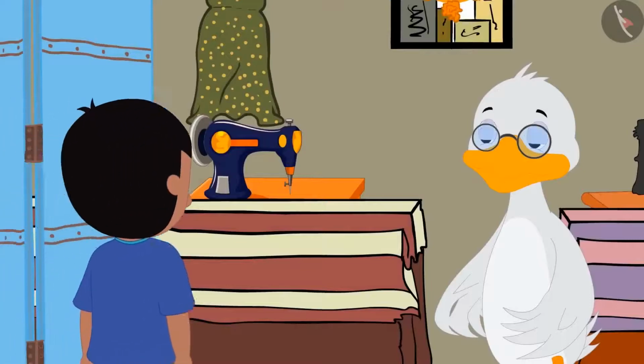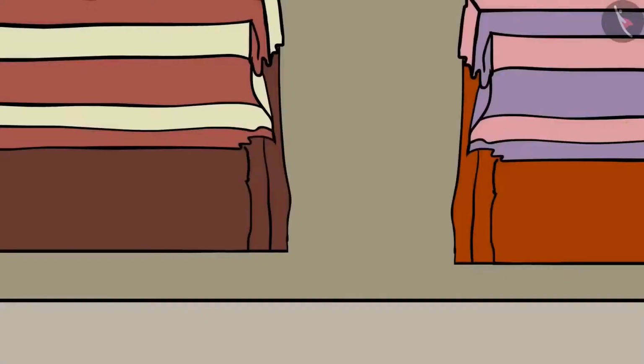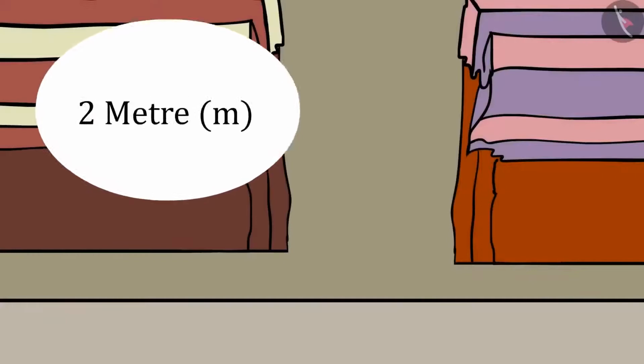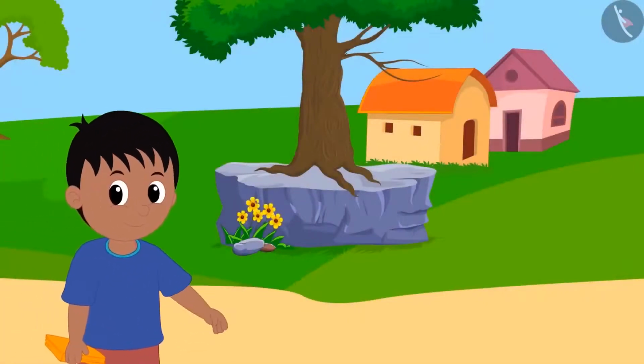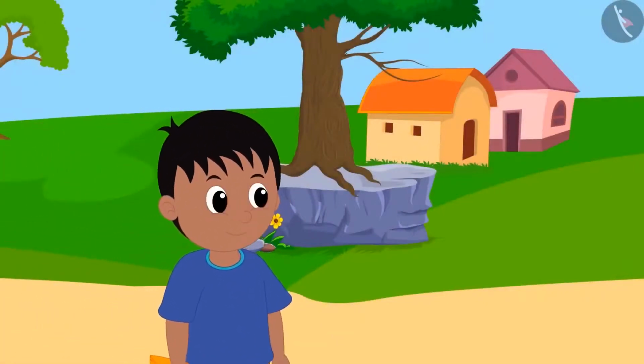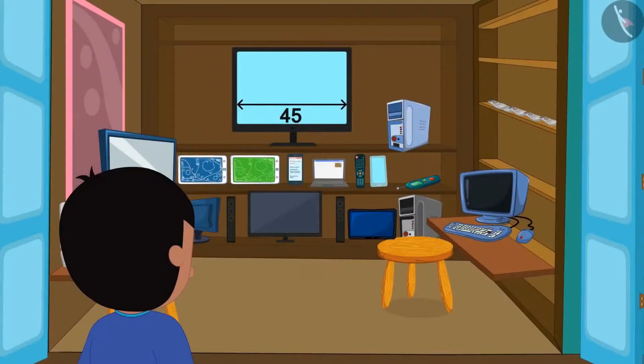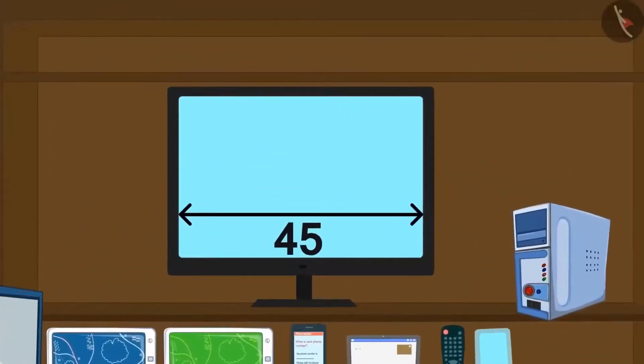Raju immediately reached the uncle's shop and bought a 2-meter long cloth for his father. When Raju was returning home, in a shop on the way, he saw a computer monitor like this.